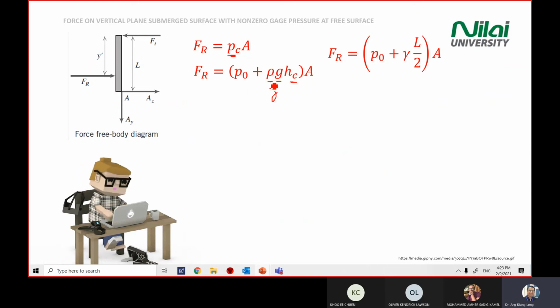So you substitute your rho G equal to 9.8, or gamma, the specific weight. Yeah. Centroid is always half. Right? You take the length, divide by half. Here, this is your centroid. So you take L divided by 2, you get your centroid.